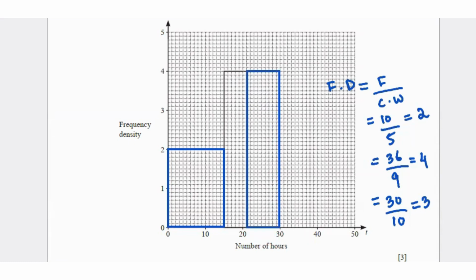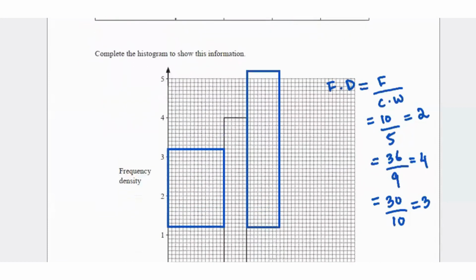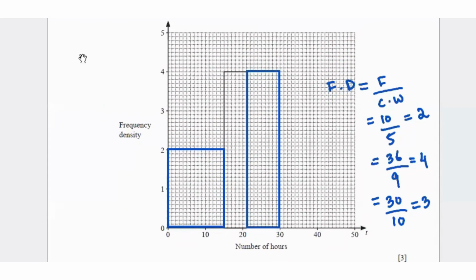The next one is 30 to 50. 30 to 50 is going to be at 3. Yep. So there's your complete histogram.